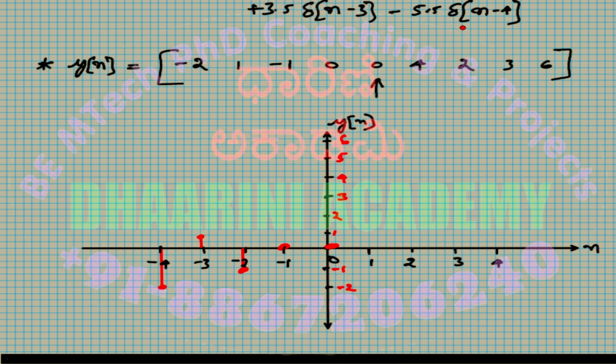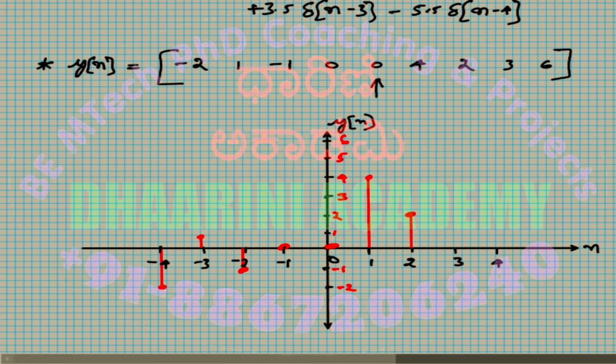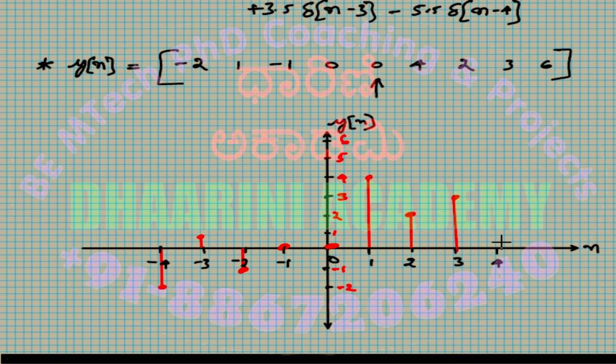At plus 1, the amplitude is 4, at 2 it is 2, at 3 it is 3, and at 4 the magnitude is 6. All right, so this is the function.